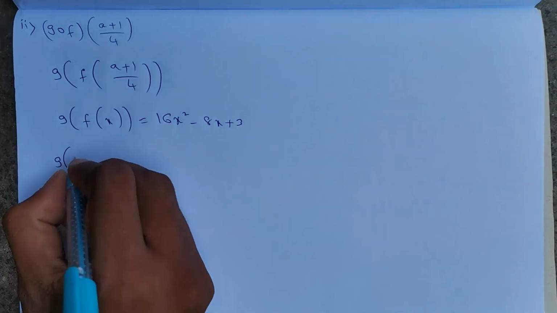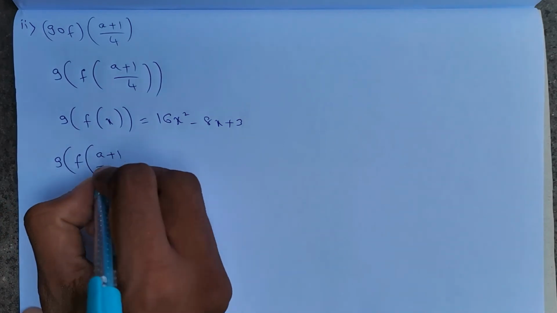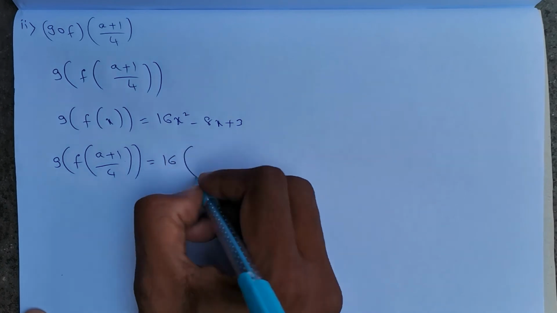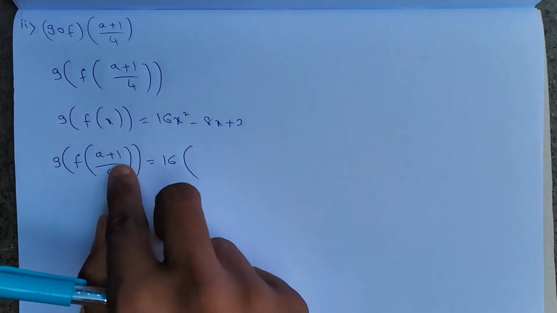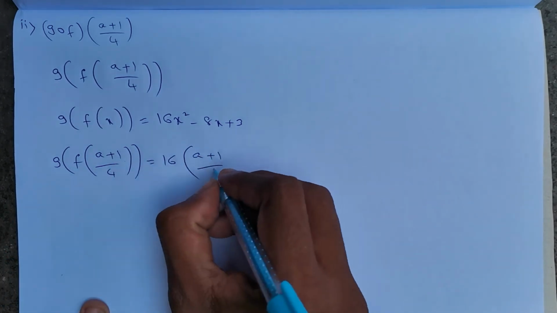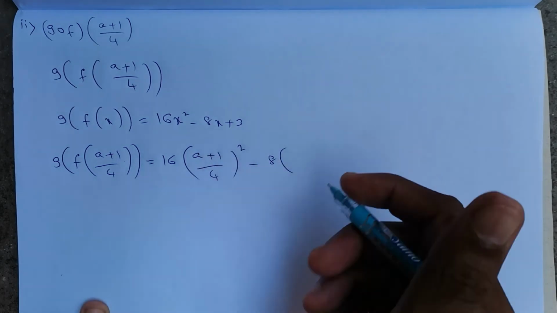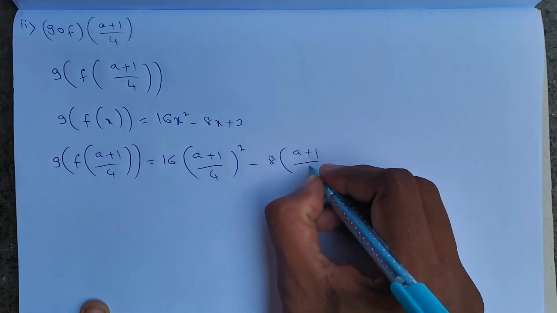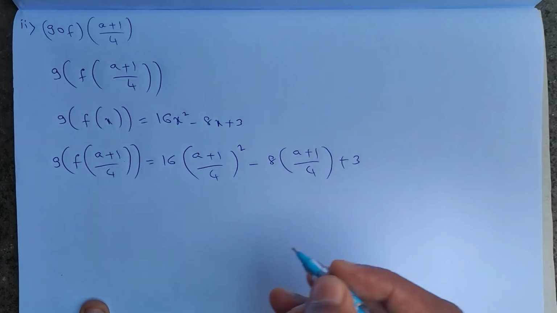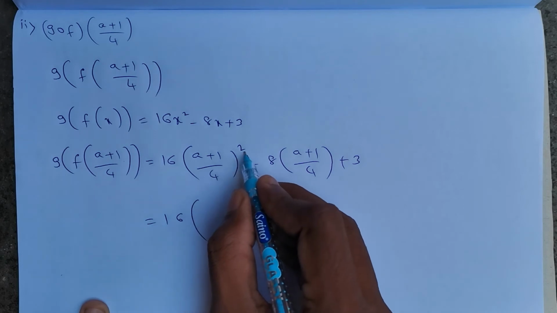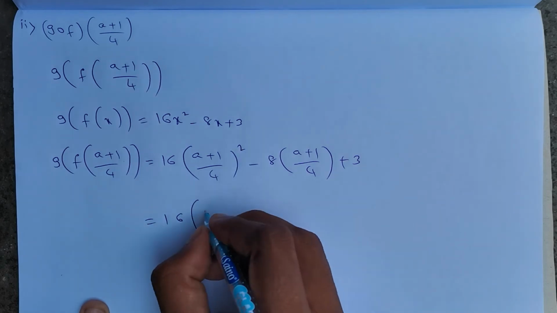So g of f of a plus 1 by 4 is equal to 16 into, in the place of x, a plus 1 by 4 whole square, minus 8 into, in the place of x, a plus 1 by 4, plus 3, which is equal to 16 into, here the square is for the numerator as well as for the denominator also.